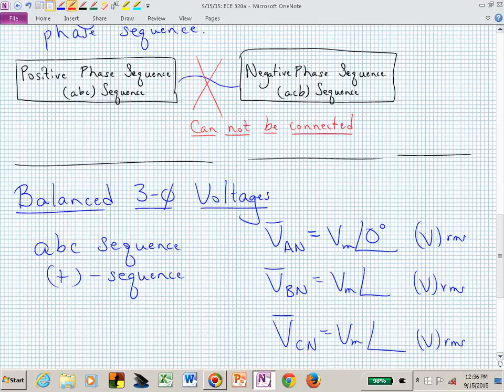If this is a positive phase sequence or an ABC sequence, how do I complete these two blank values? Plus in one and minus in the other. And what's the angle associated with those? 120.